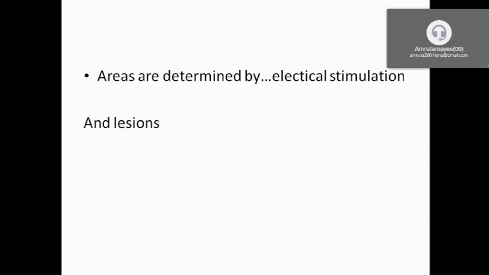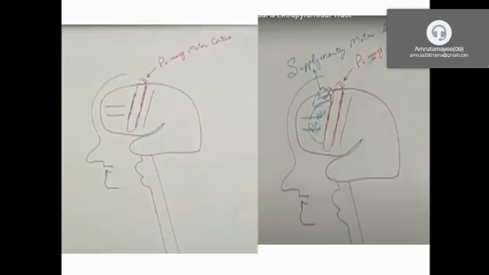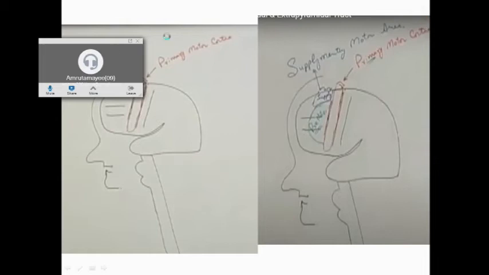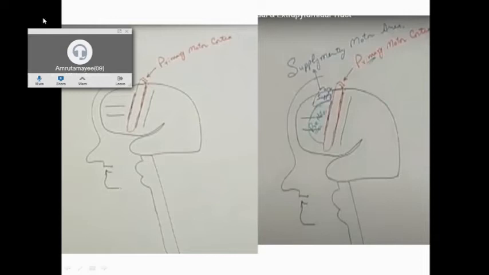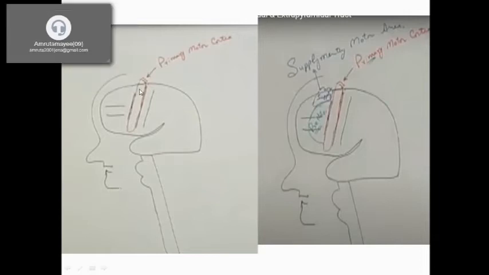How we name these different areas of the cortex, the motor cortex, comes from a lot of experiments with electrical stimulation or causing lesions to that particular area. You can see in this diagram the precentral gyrus, or the central sulcus.